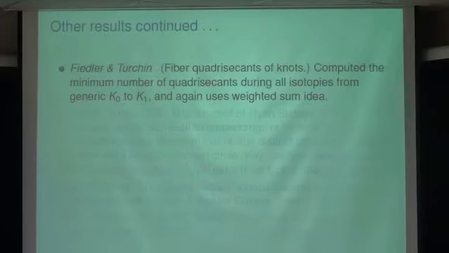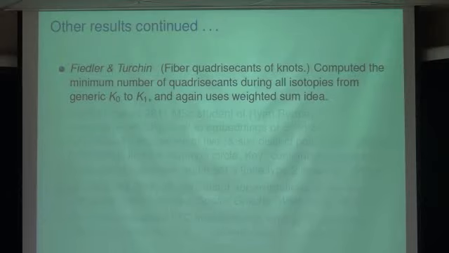So back to just quadrisecants, Fiedler and Turkin, they have a paper titled Fiber Quadrisecants of Knots. I don't know if it's published or not. So they have a very interesting idea. They take a line in space, and then they take half planes attached to that line in space, hence this word fiber.